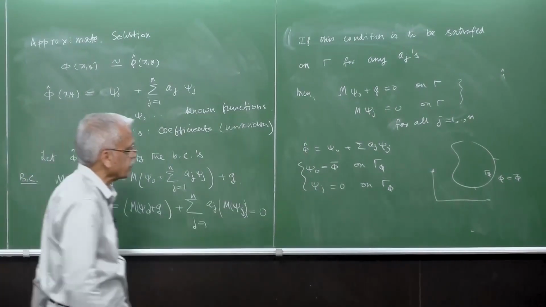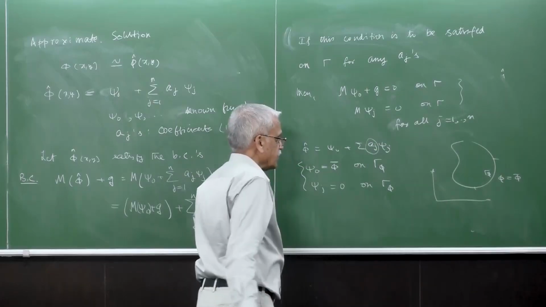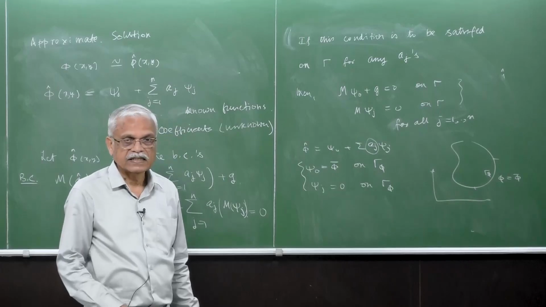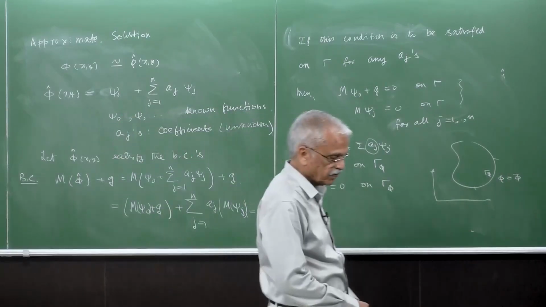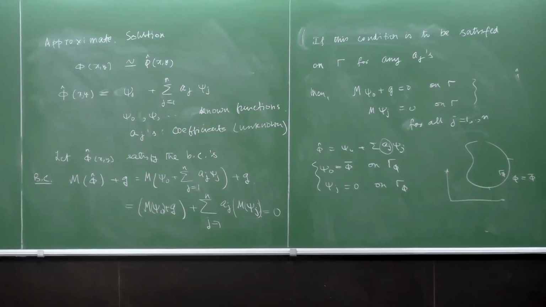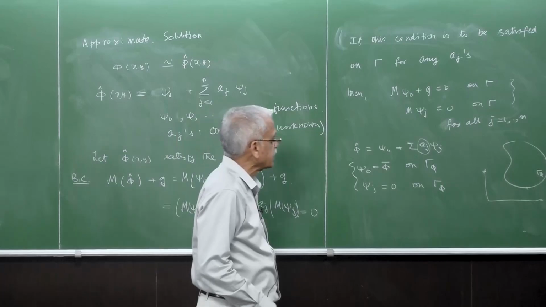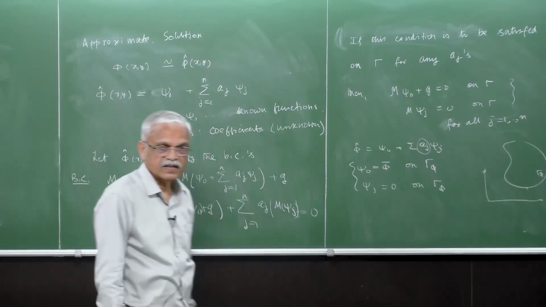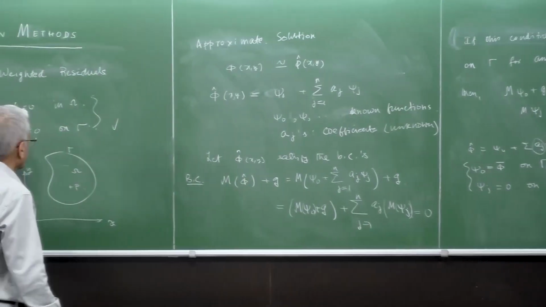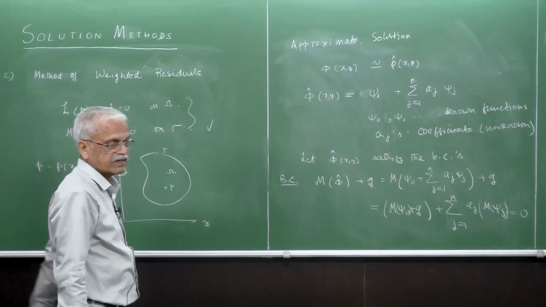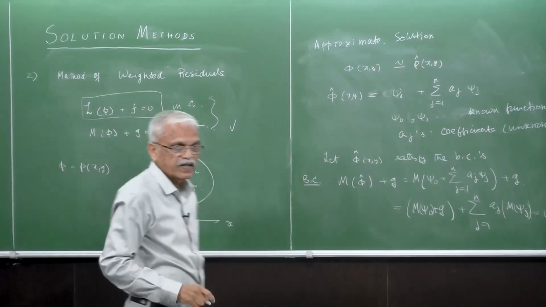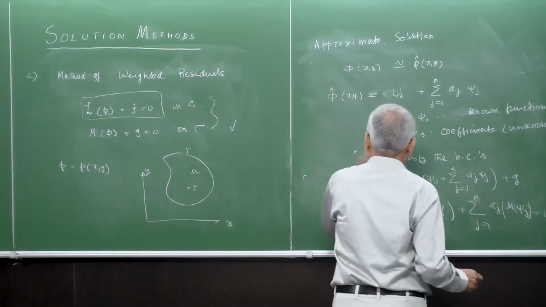Okay, so the important part is that whatever the values of aj's here, this phi hat is going to satisfy the boundary condition. So that's what we have done so far: we made a choice of this phi hat which satisfies the boundary condition. The boundary condition is satisfied for any set of aj's, and that leaves the governing equation that needs to be satisfied.